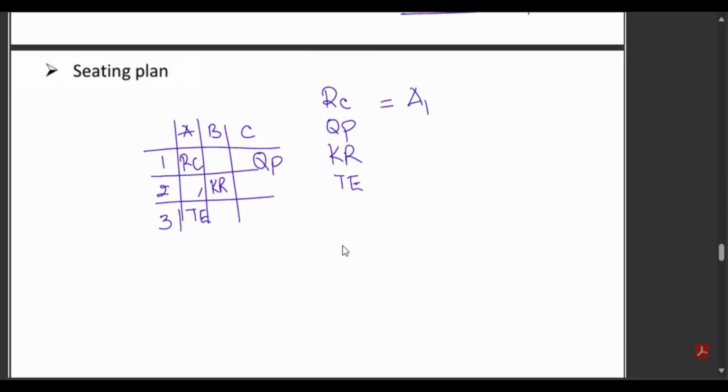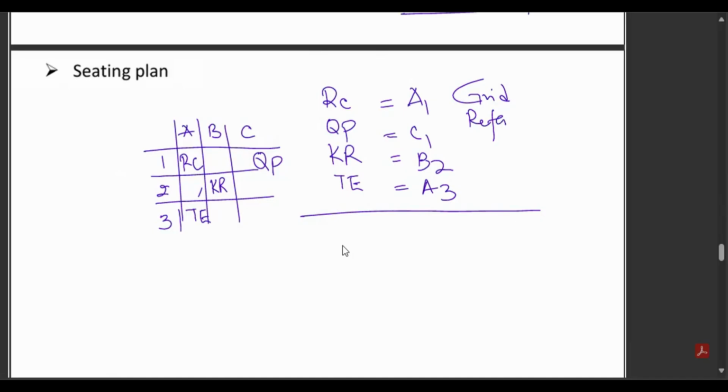This one is A1. This is in C1. This one is in B2. This one is in A3. You know, it's more like a grid. Also the grid reference. This is how we shall do it.